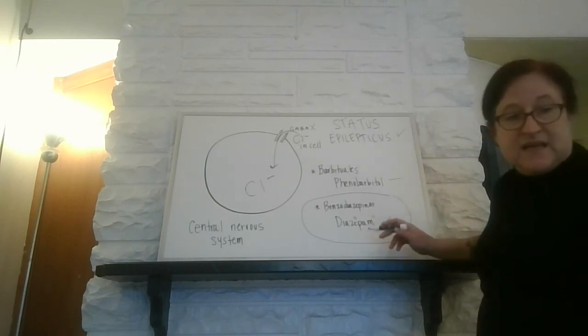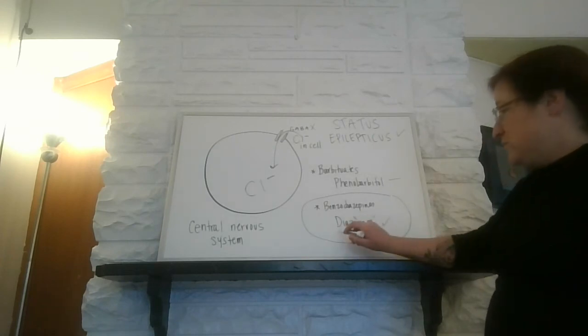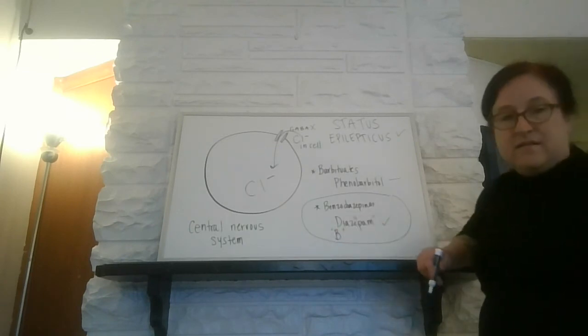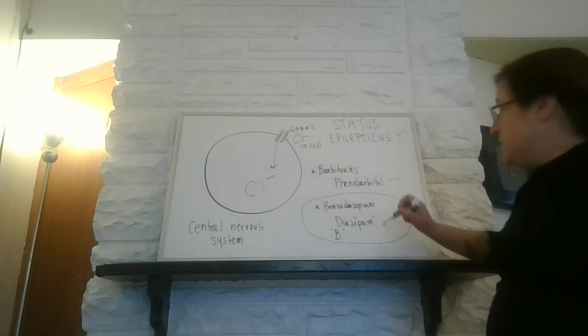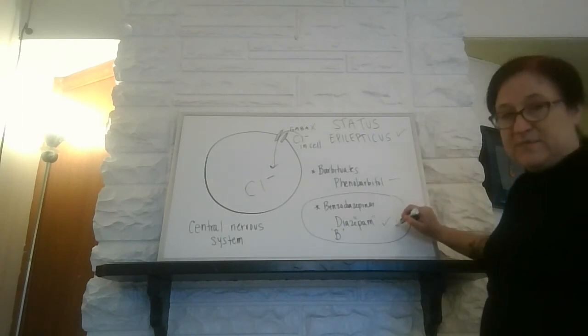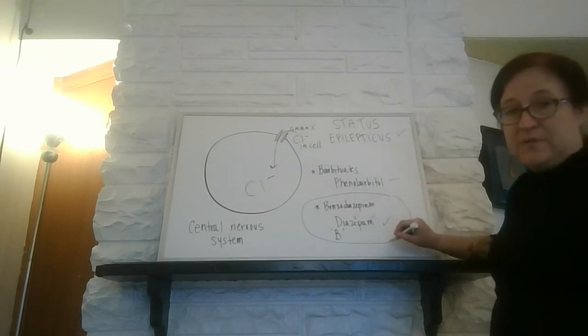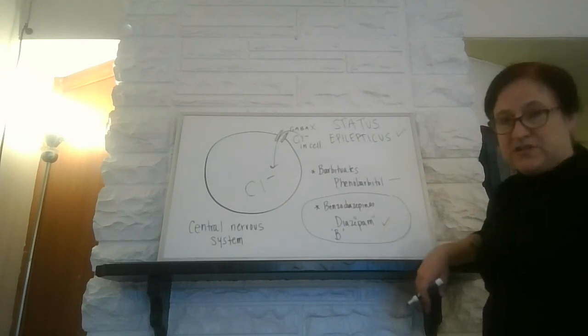So that means we need to monitor their respiratory rate every 5 to 15 minutes, and we have to be careful about the ABCs of our airway and breathing. Sometimes people that are in status epilepticus that end up getting high doses of benzodiazepines will end up intubated or on the breathing machine because of the respiratory depression.